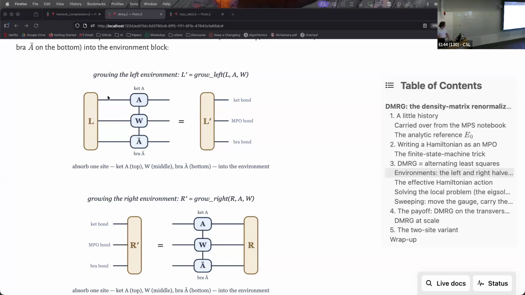So the idea here is that I have a red site in the middle, which is the one I want to focus on. And basically what I want to do is contract everything but the red site. And so explicitly what I can do here is start from the left. And this is just the same thing that we did last hour. I say, contract this thing.